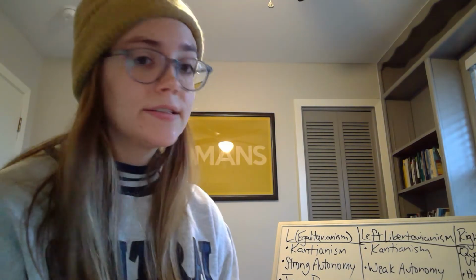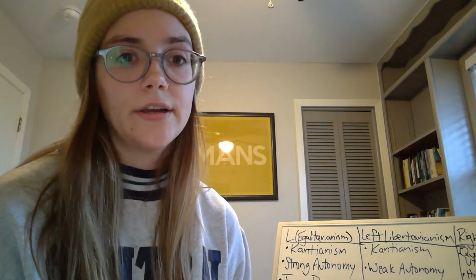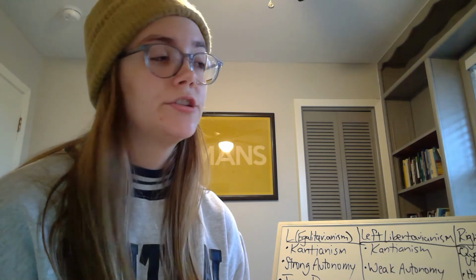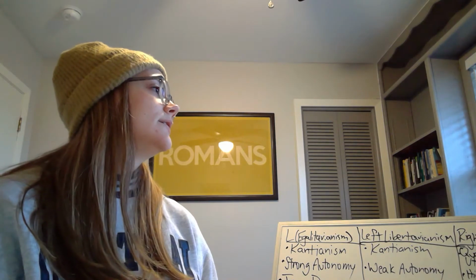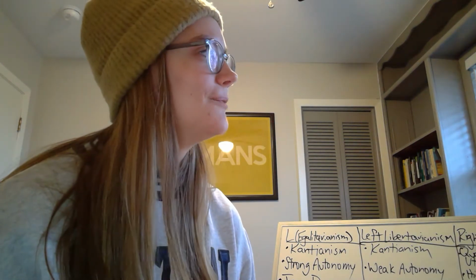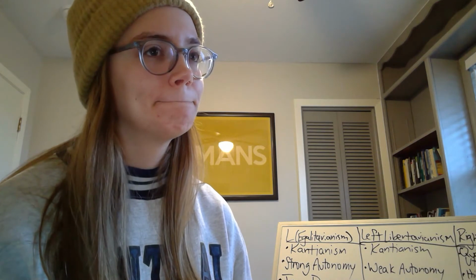For left libertarianism, it's going to be pretty much any libertarianism that you hear of in the news. Like Jo Jorgensen, she ran for president, and honestly, you don't hear about many libertarians these days. Rand Paul is more of a libertarian, but he might be more of a right libertarian.